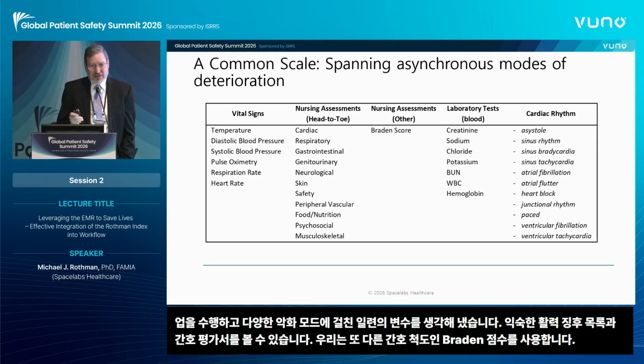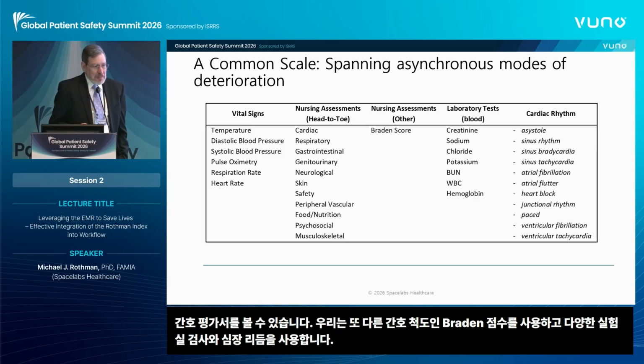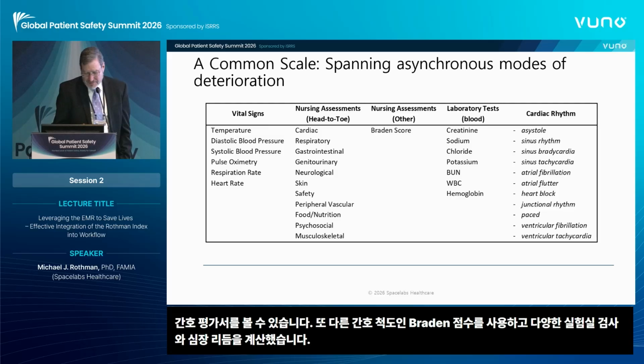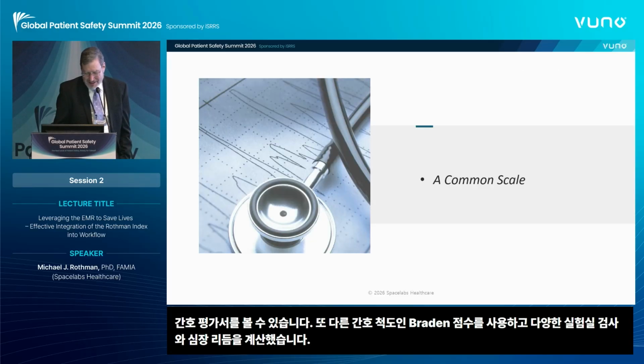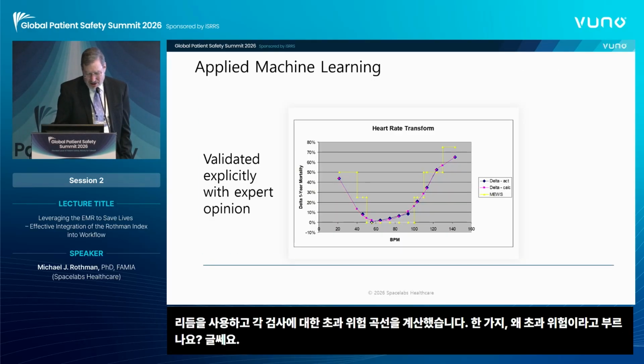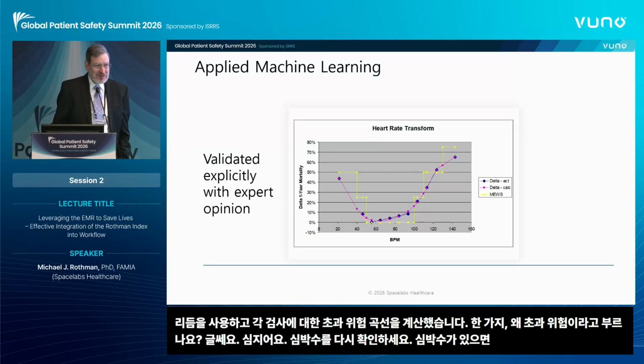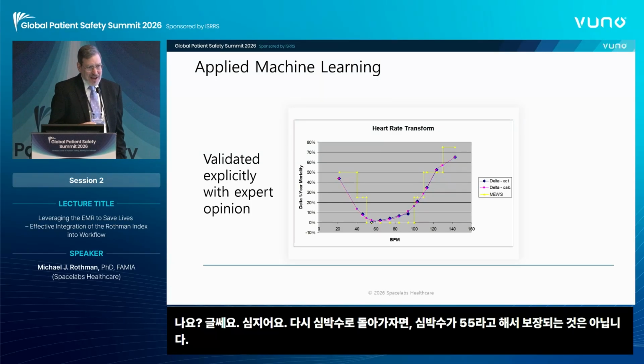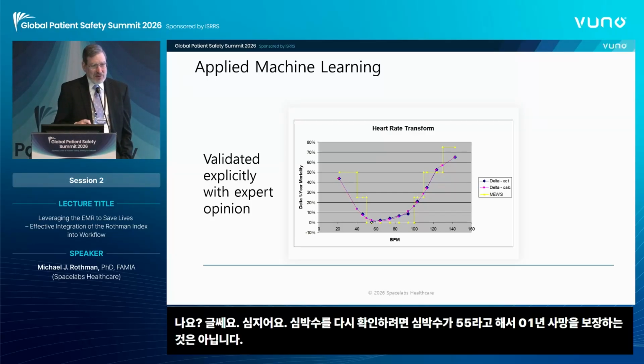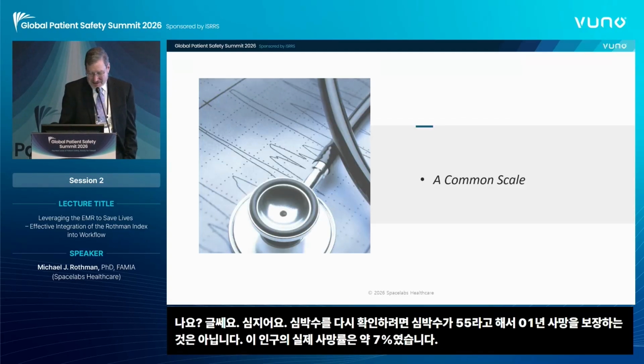Why is it called excess risk? Well, even for heart rate, having a heart rate of 55 doesn't guarantee that you have 0 one-year mortality. The real mortality rate in this population was about 7%. So we subtracted that 7% from all the numbers. So it's the excess in risk above the baseline. That's why it's called excess risk.